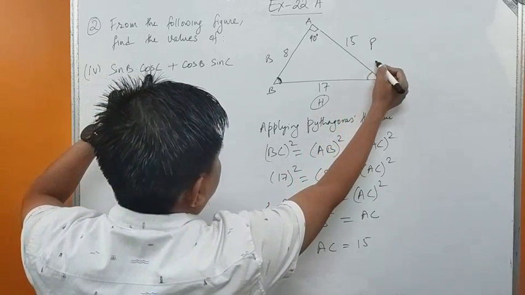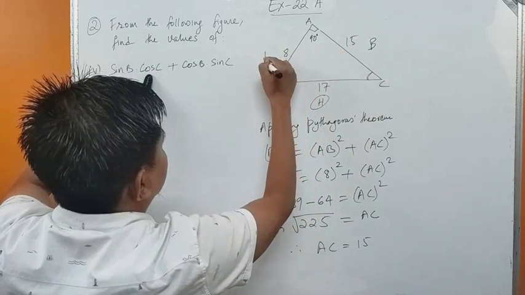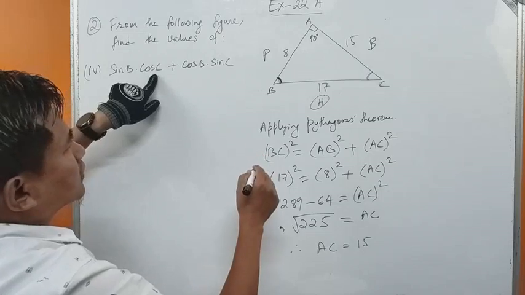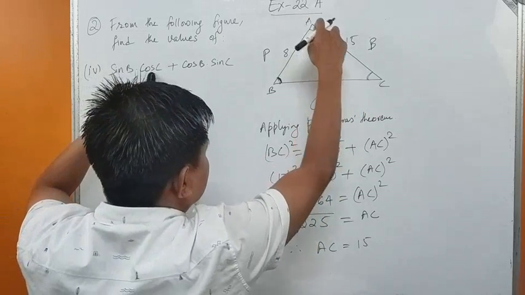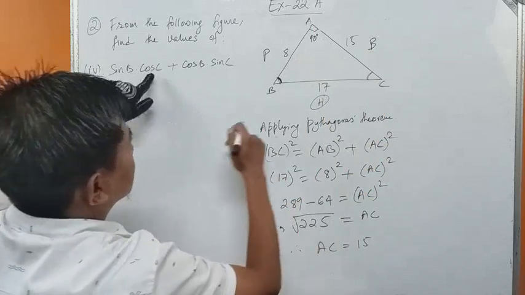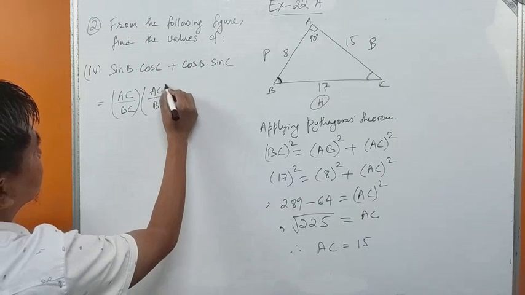In this case, this becomes base, this becomes perpendicular. So cos C means base upon hypotenuse. This means AC by BC, AC by BC.